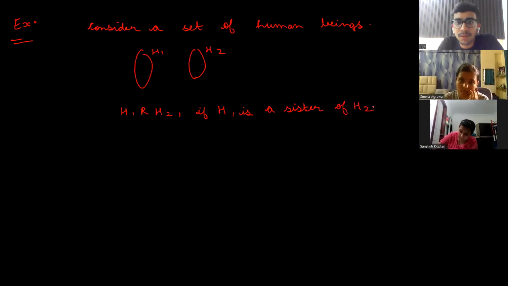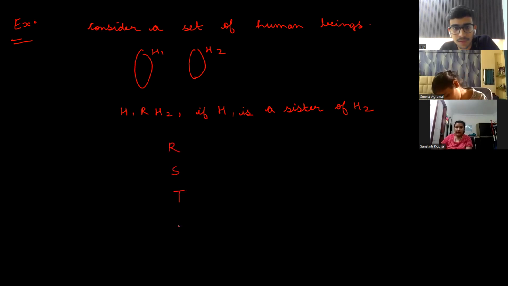H1 and H2 are two sets of human beings. So H1 is related to H2 only if H1 is a sister of H2. So you have to tell whether this is reflexive, symmetric, transitive, and equivalence.